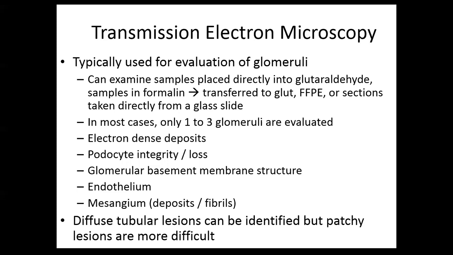So it can be quite difficult to say, well, if I'm looking at patchy tubular injury and I might have had a millimeter cube that wasn't in that area, I would have totally missed it. So patchy tubulointerstitial lesions are very difficult to identify, but I've at least tried it a couple of times, and I've been successful occasionally, but it's kind of frustrating, I have to tell you.